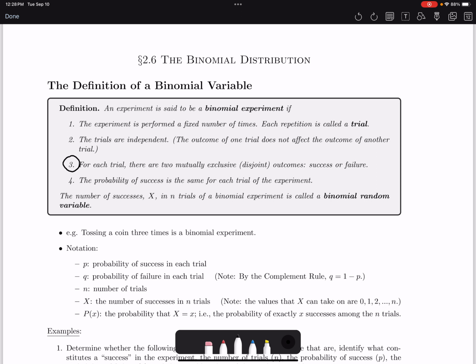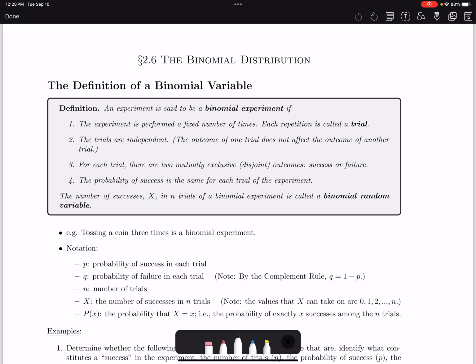Hence the bi in binomial, right? And then finally, number 4 is that the probability of success has to be the same for each trial of the experiment. If those conditions all hold, then the experiment is called a binomial experiment. Now, we make a binomial random variable out of that by counting up the number of successes, right? So X will be the number of successes in a binomial experiment.